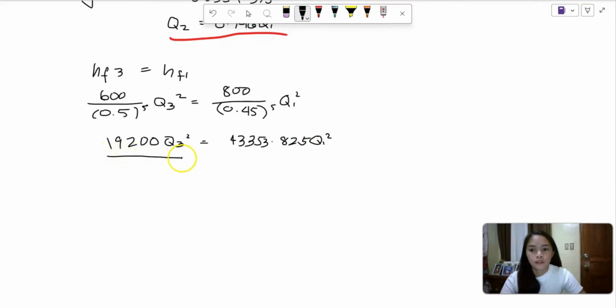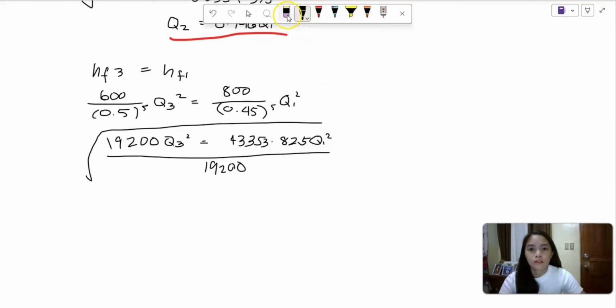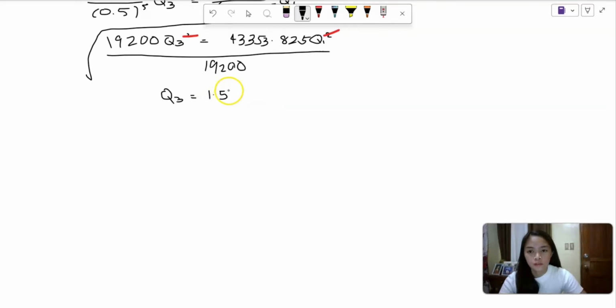Divide both sides by 19,200 so that Q sub 3 will remain on the left side, and apply square root to both sides, so cancel squared. So we already have an equation of Q sub 3 in terms of Q sub 1, which is 1.503 Q sub 1.